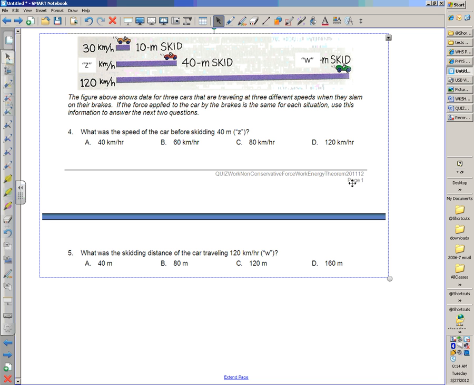But our definition of work can also allow us to figure out how much work is done. What was our definition of work? Transfer of energy.